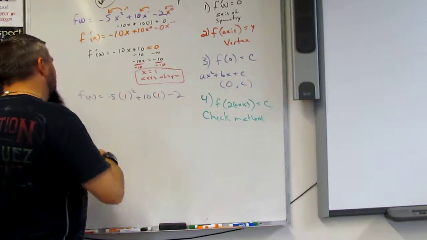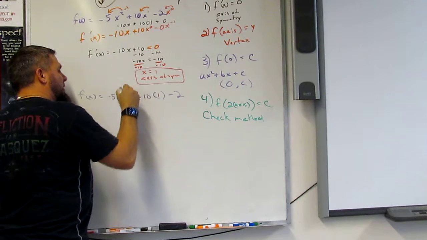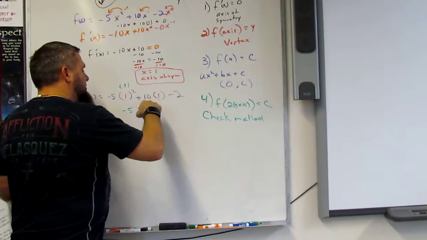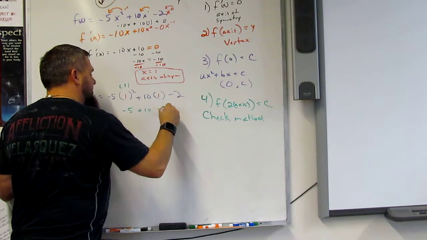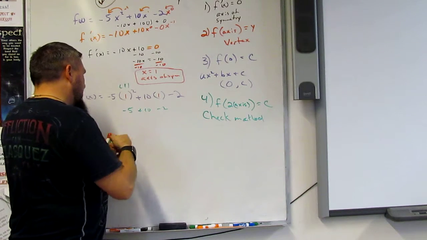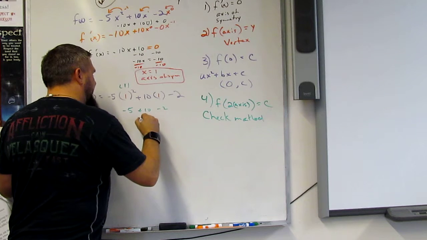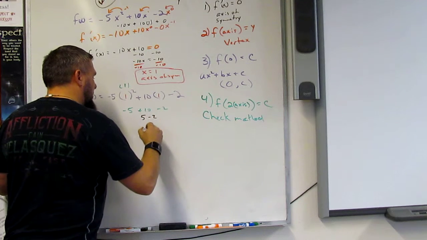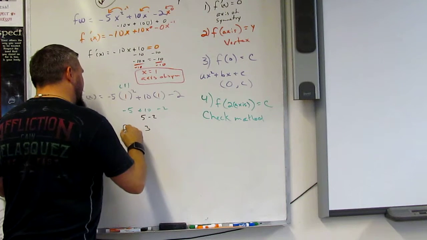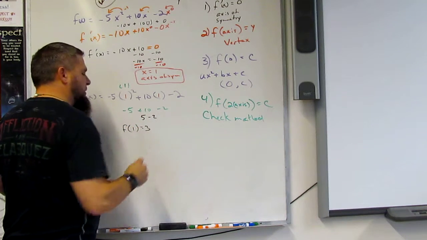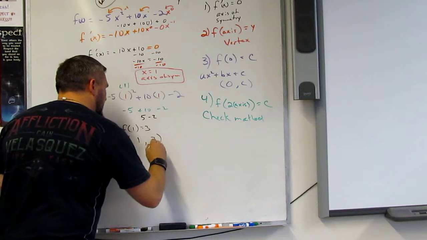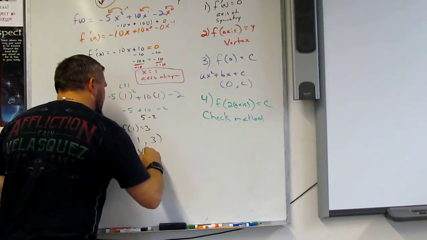Then I do the math. 1 squared is 1. 1 times negative 5 is negative 5. 1 times 10 is 10 minus 2. Okay? We've got 5 minus 2. So we've got 3. So f of 1 is equal to 3. That gives me my vertex, 1 and 3. That's the vertex.